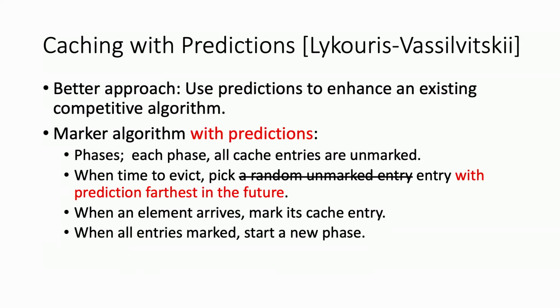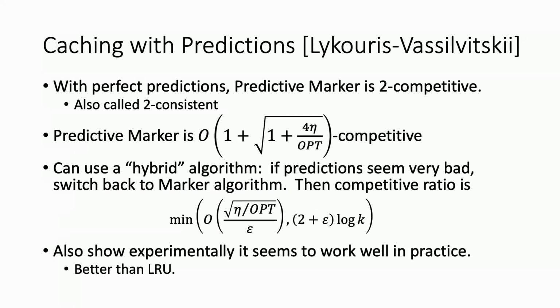When it's time to evict, instead of throwing out something random, throw out the entry with the prediction that's farthest in the future. And then they analyze this. I won't get into their analysis, but if you have perfect predictions, this is going to be competitive with the optimal. So again, not too much worse than the optimal.